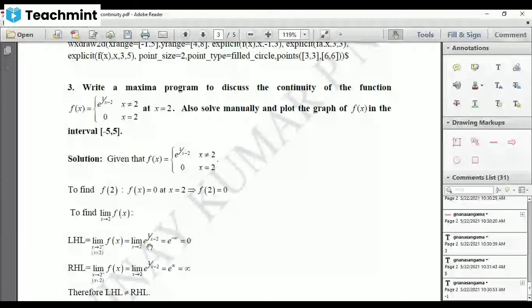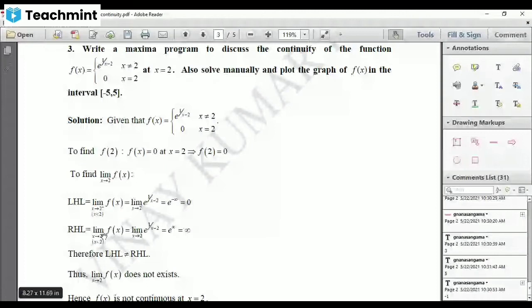Now here it should be greater than 2, not less than 2, and this should extend to 2 plus. RHL is x tends to 2 plus, greater than 2, f of x equal to same function you have to take, because for less than as well as greater than, it is the same function. Now your x is more than 2.